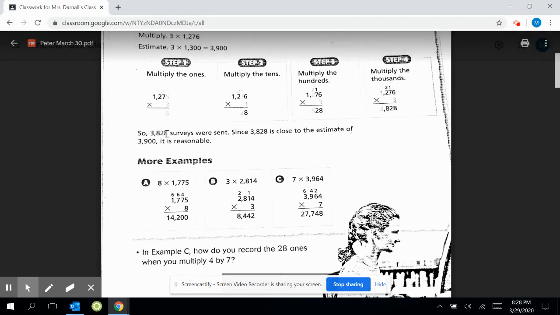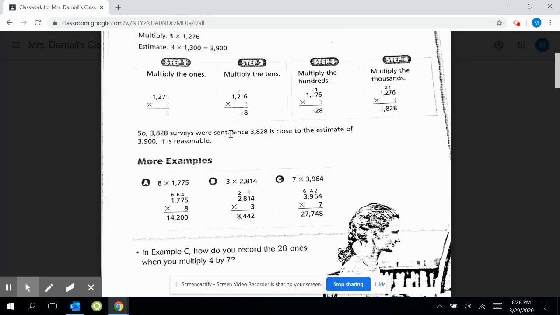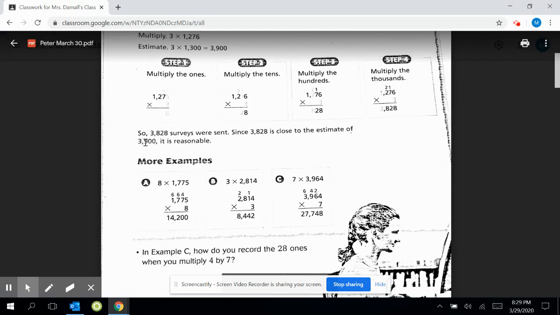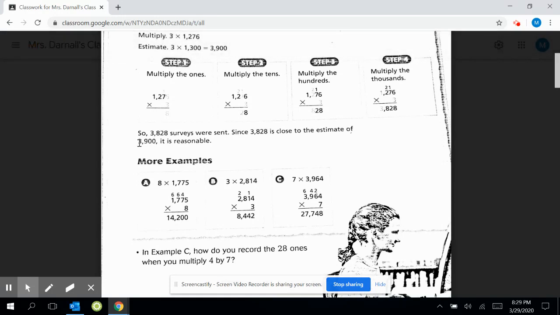So 3,828 surveys were sent. Since 3,828 is close to the estimate of 3,900, it is reasonable.